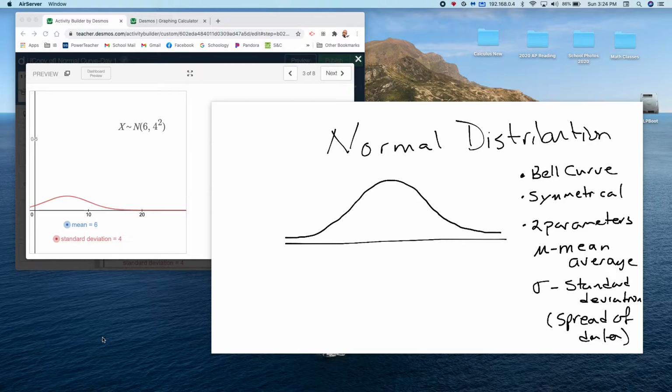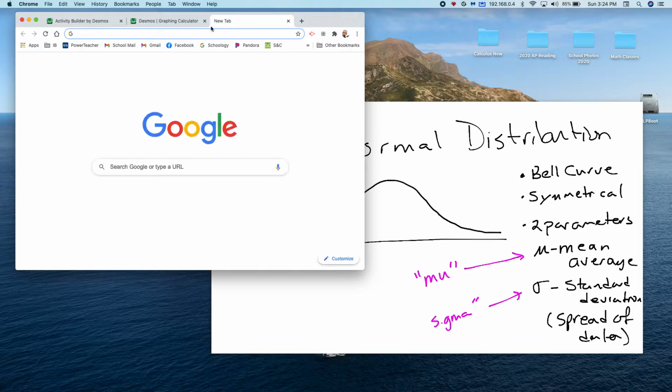Just so you know, in math we use a lot of Greek letters. This is called mu. It's a Greek letter mu, and that's used for average or mean. This is called sigma. I think it's sigma. That might be rho, let me make sure that that's not rho.